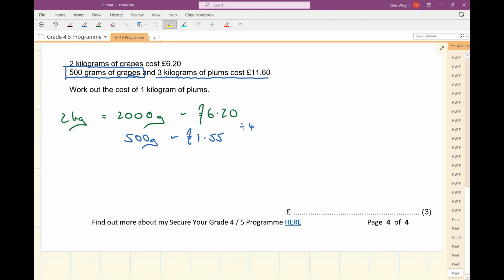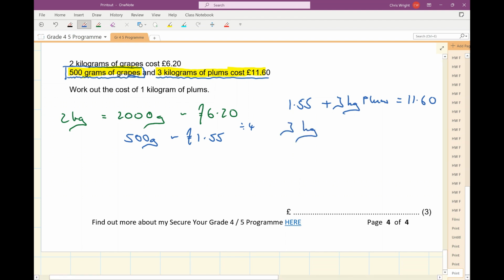So here it says 500 grams of grapes, well, that's £1.55, and 3 kilograms of plums cost this. Let's have a look. So £1.55 for the 500 grams of grapes, and 3 kilograms of plums cost £11.60. Okay. So if I do £11.60 minus 1.55, then I know that 3 kilograms of plums cost £10.05.